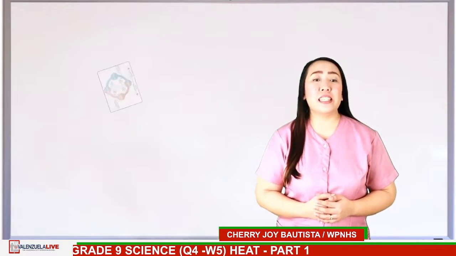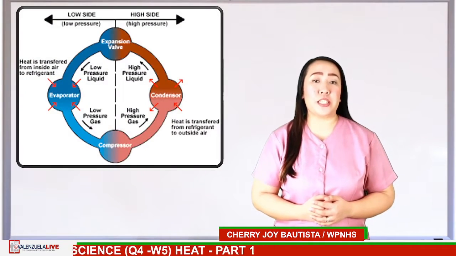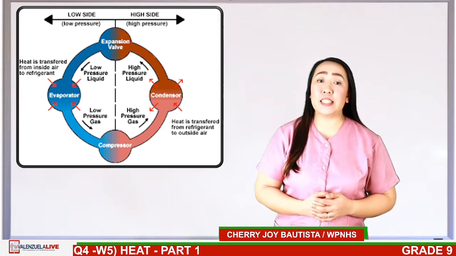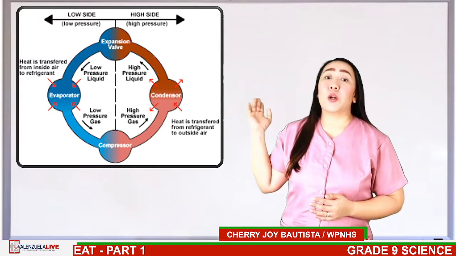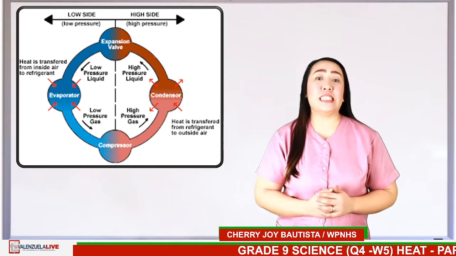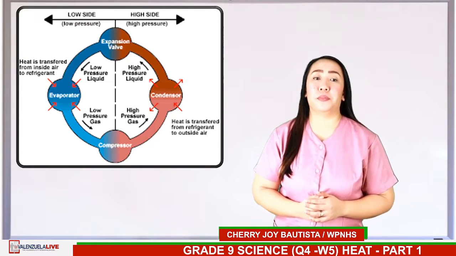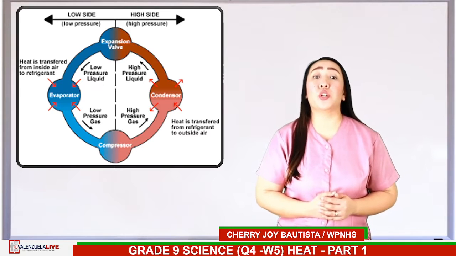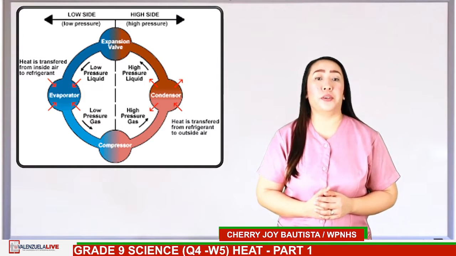Now, let's study how an air conditioner works. The major components are compressor, condenser coil, expansion valve, and finally, an evaporator. It can also be called a cooling effect generator.